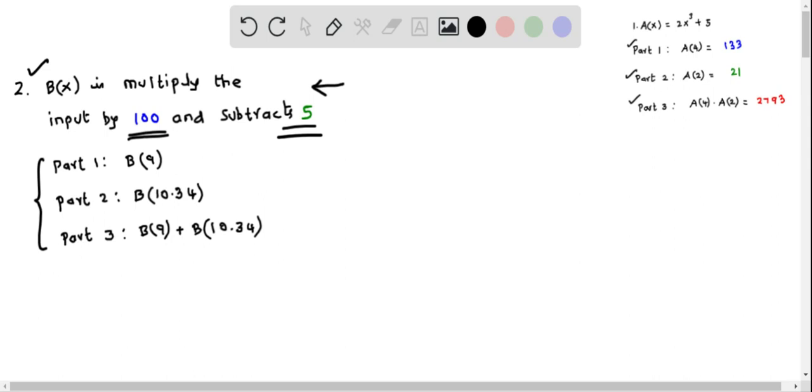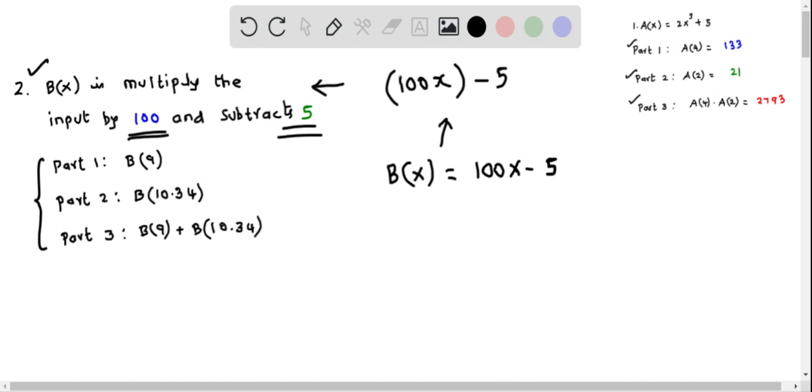So if we consider the input as x, we multiply this x by 100, which gives 100x, and then we subtract 5 from this first expression. So basically, this is the expression which represents the function b of x. So b of x equals 100x minus 5.